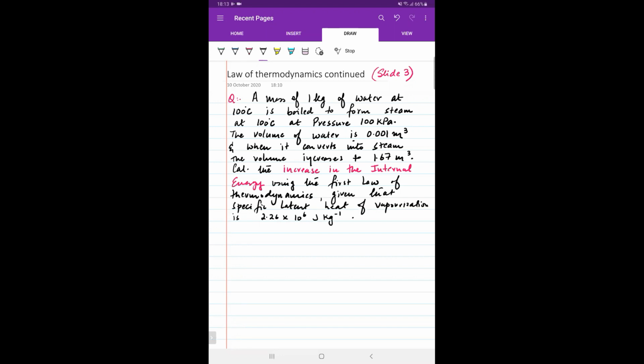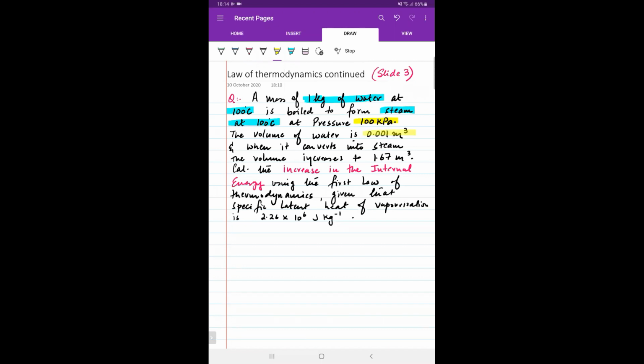OK sir, these are the details given to you. Let me read through, and see how to apply the information required. Let me just highlight the relevant parts. So you have 1 kilogram of water at 100. It boils to form steam at 100. The pressure is given as 100 kilopascals.